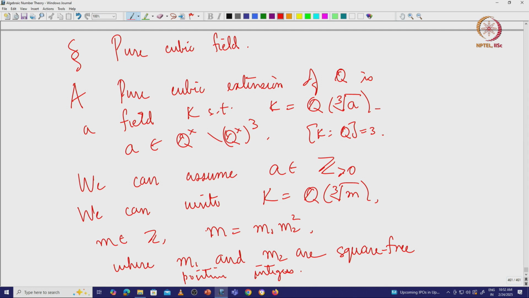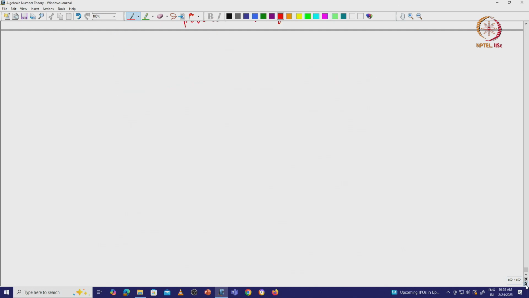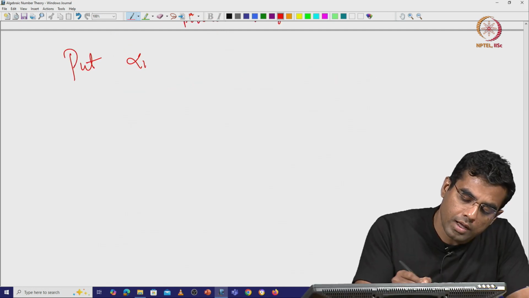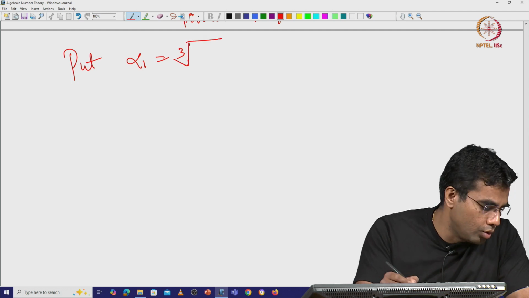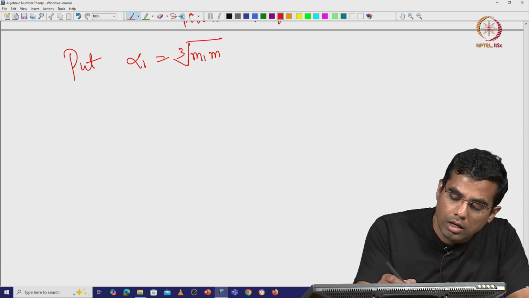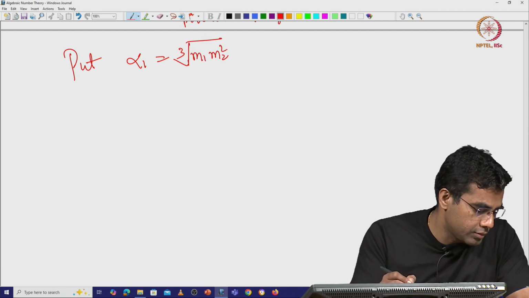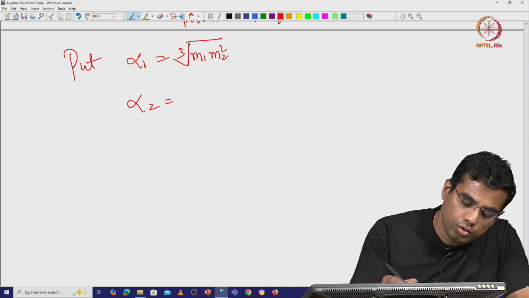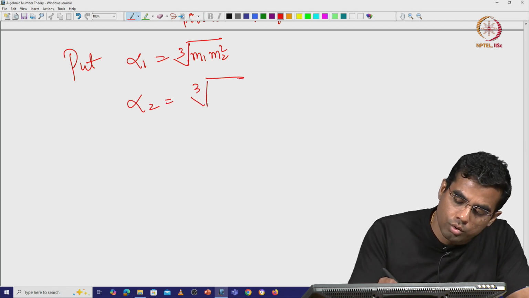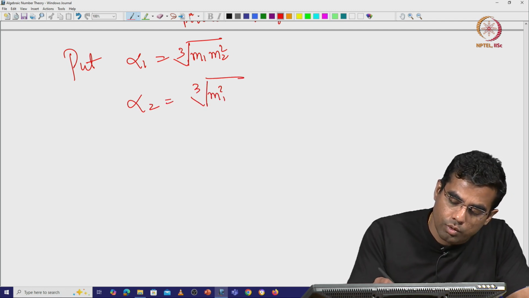All right. So what I can do then is put alpha 1 to be the cube root of M1 M2 squared, and I can put alpha 2 to be the cube root of M1 squared M2.